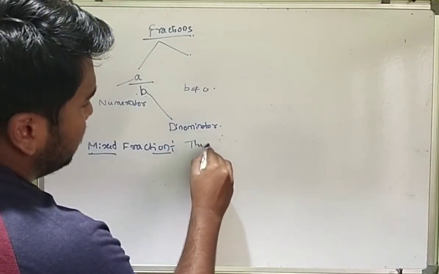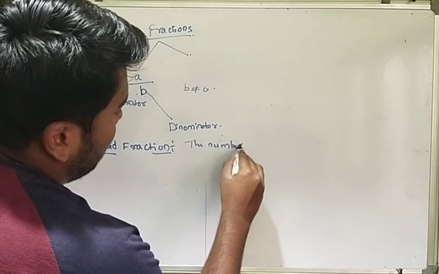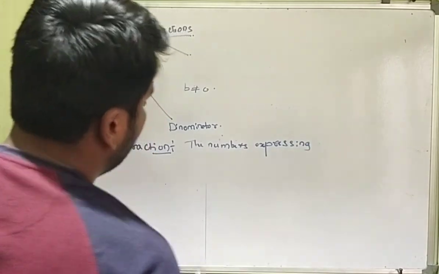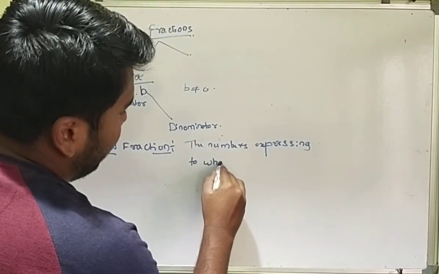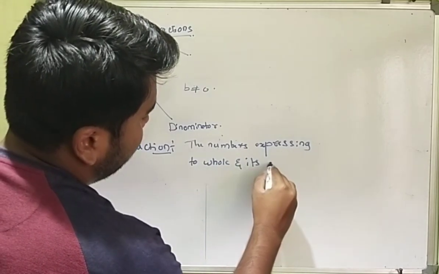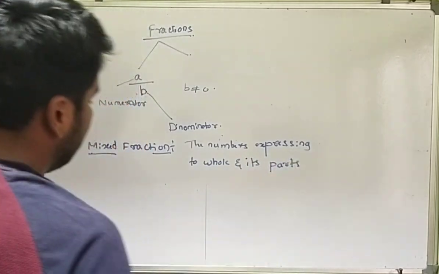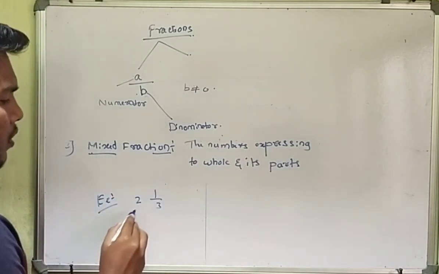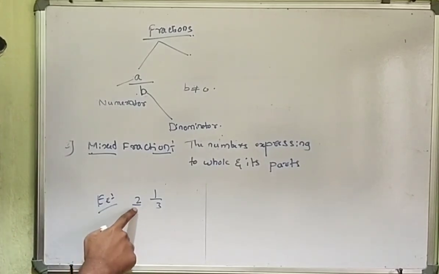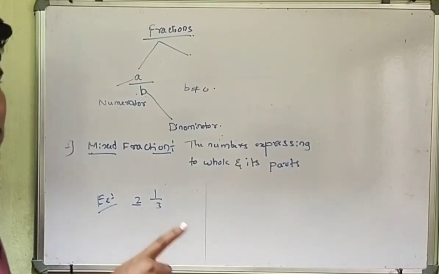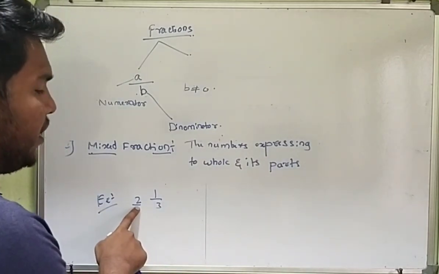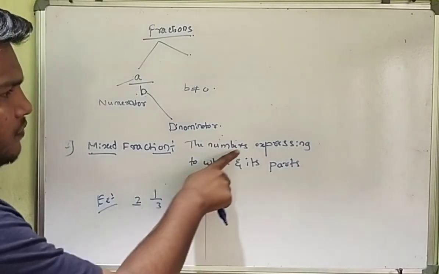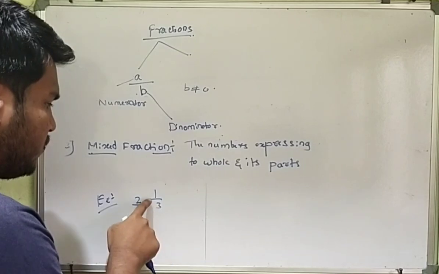For example, 2 integer 1 by 3. This is the whole number; numbers starting with 0, 1, 2, 3, and so on up to infinity are called whole numbers. So this is 2 whole 1 by 3, the number expressed as a whole and its part. So this is the part.